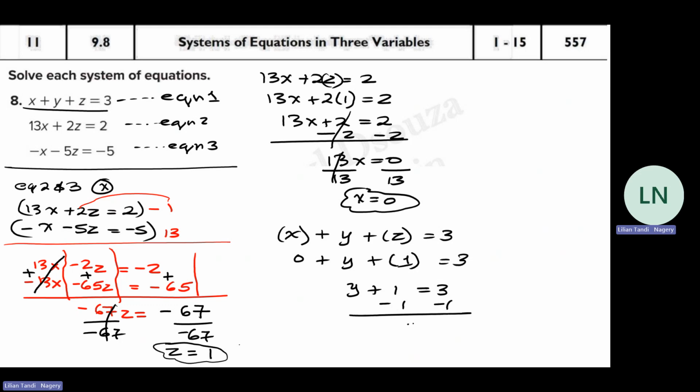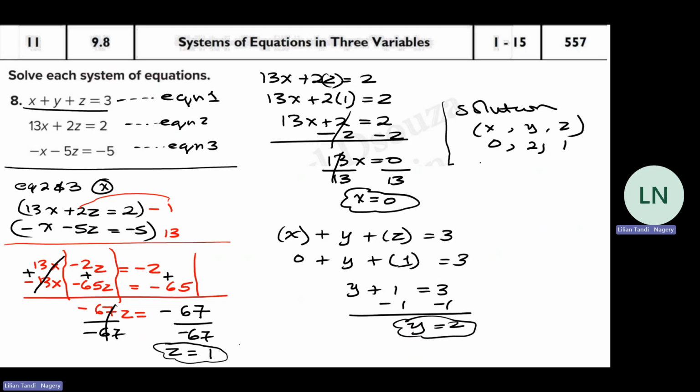Subtract 1 on both sides, y is 2. Then write your solution. Solution (x, y, z) equals (0, 2, 1). You box your answer. Make sure you put them in brackets.